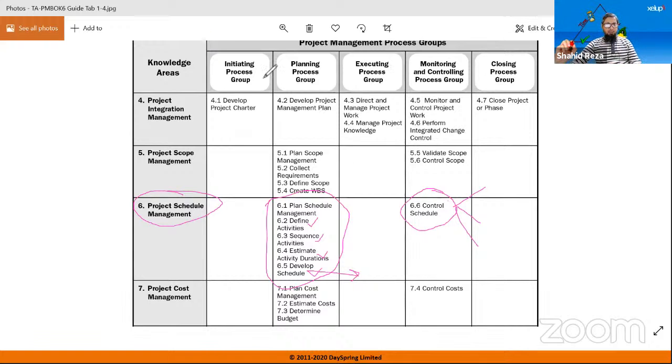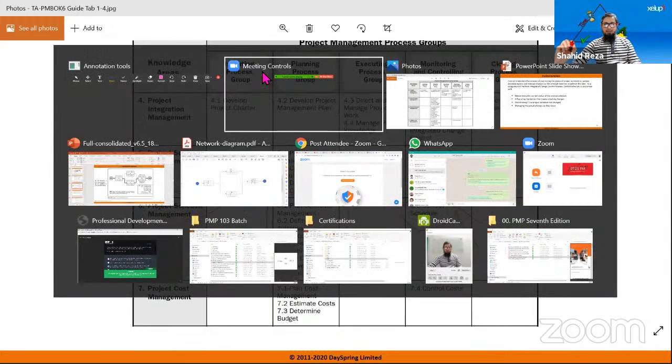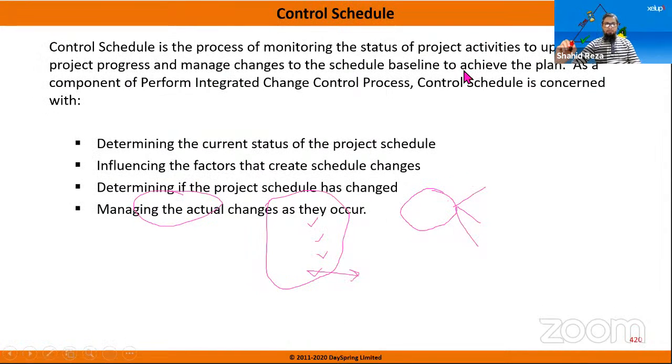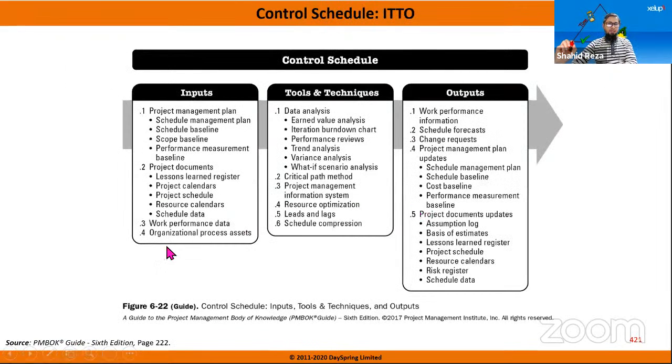So let me again go to the slides. So control schedule. As a project manager, we have to control our schedule as per the schedule baseline. So in control schedule, what will be the main input?